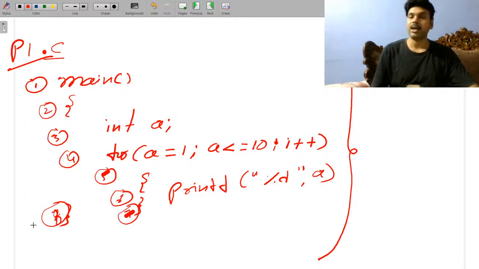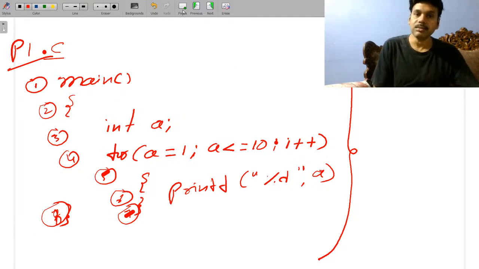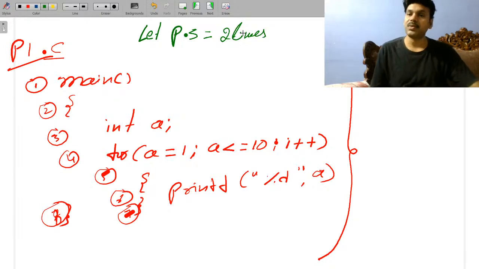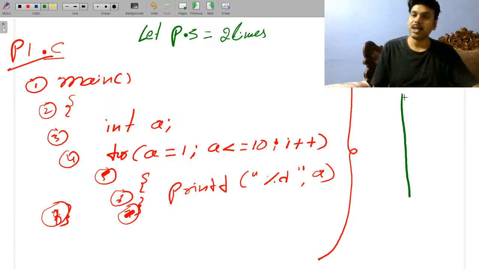So the number of lines in your code is 8. Now I am assuming that my page size is equal to 2 lines only. When you say your page size is 2 lines, how is your memory going to be split? Please observe carefully.